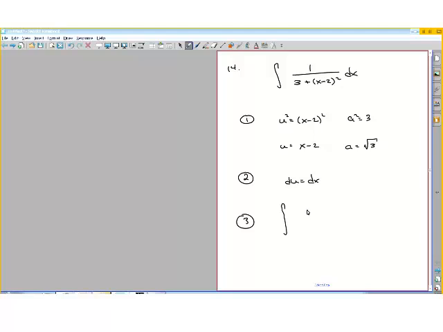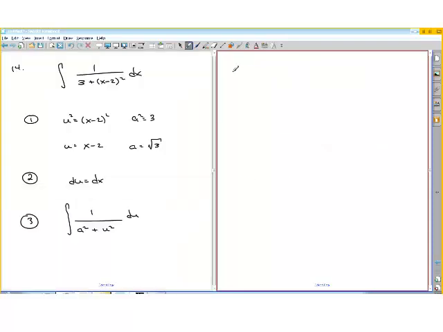So we have the integral of 1 over 3, which is a squared, plus u squared times du. We integrate, meaning we look in the book. I go to page 383, the arc tangent.